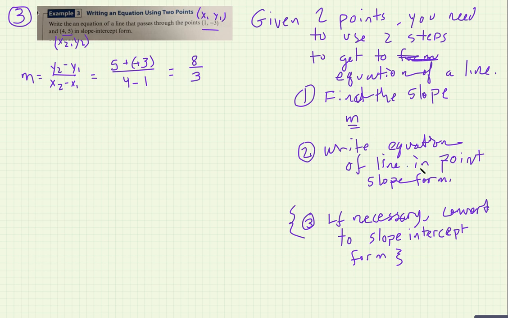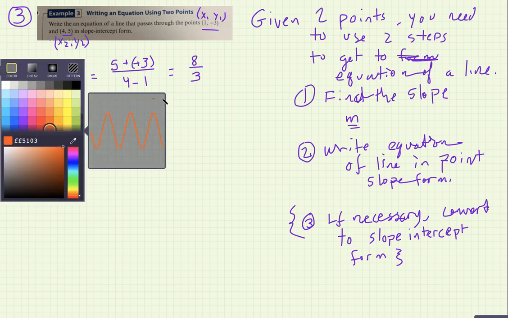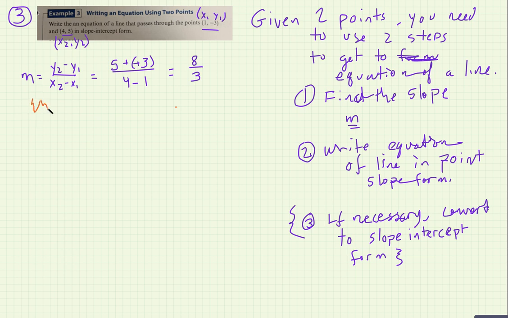Good? Now we can write the equation of the line in point-slope form. A lot of students will ask which point do I use? I want you to think about that a second.